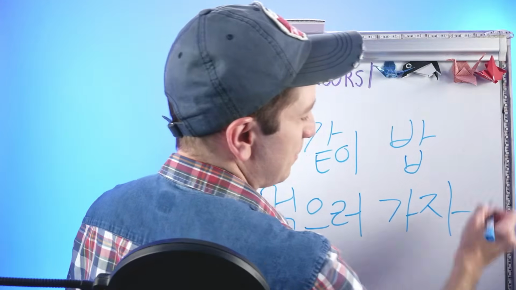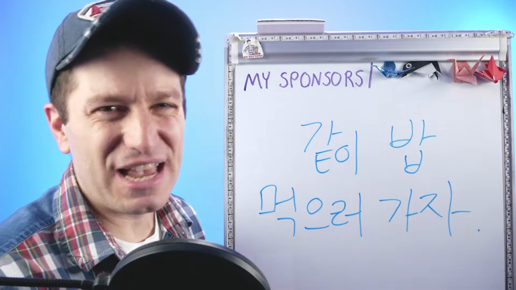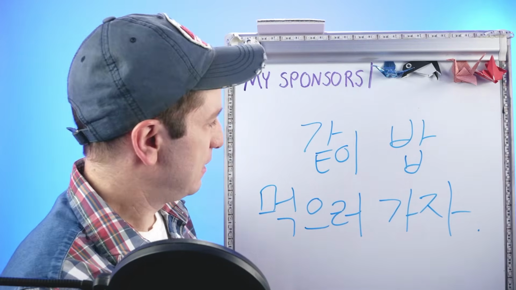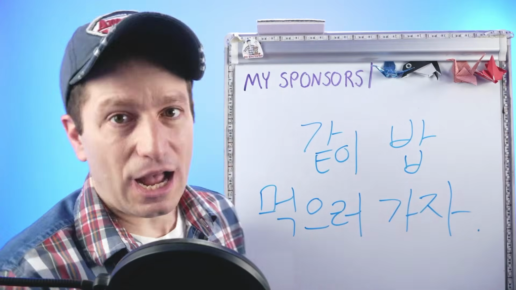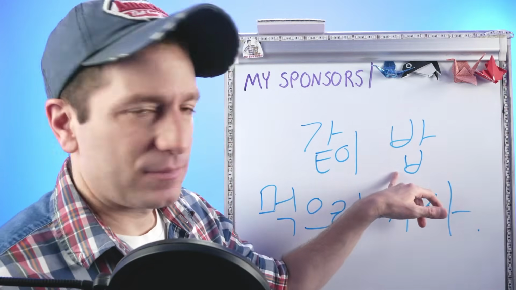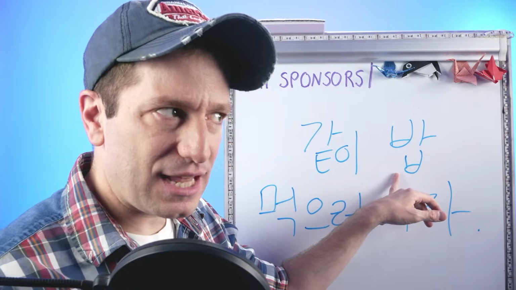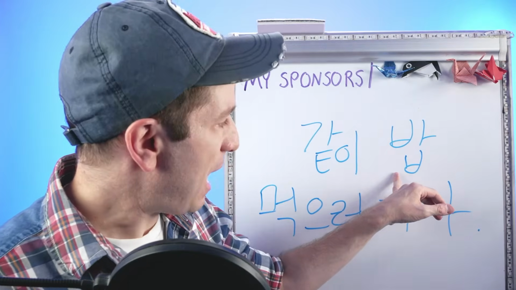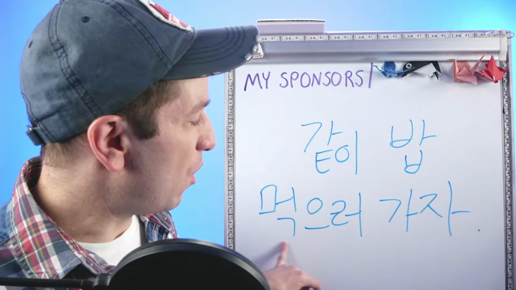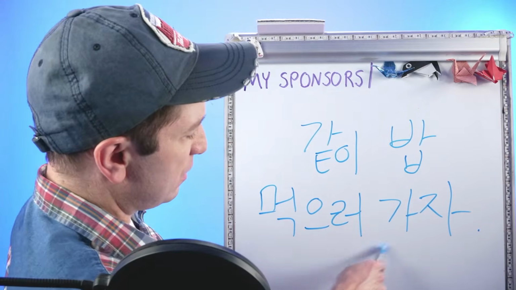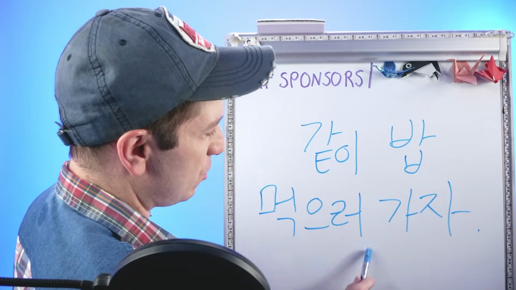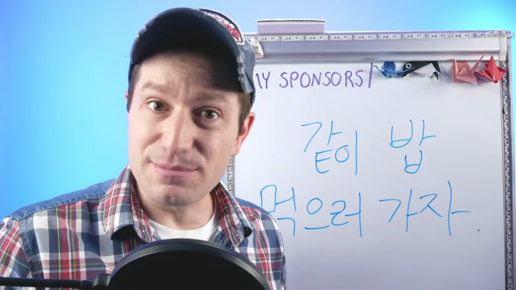That's just how I write it, but like I said, it's not necessarily the best way. It's just my style. 같이. So 같이 means together. 밥 literally means cooked rice, but that's how you say a meal. 밥 먹다, to eat. 먹으러 가자, to go to eat a meal together. So let's go eat a meal together.